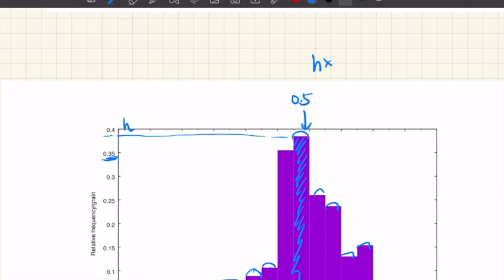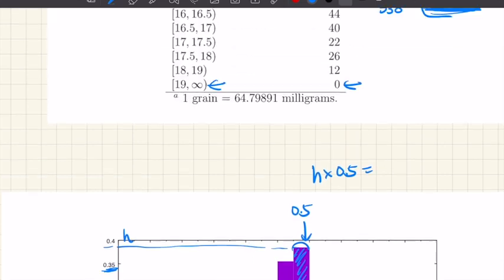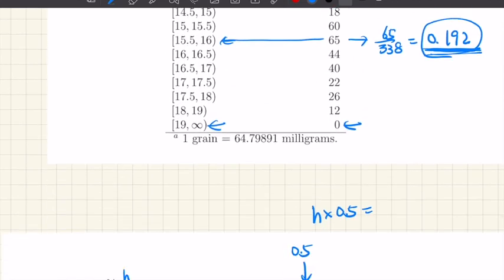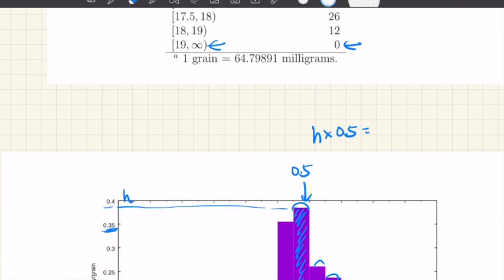So h times 0.5 should be equal to 0.192. So the height should be 0.38 something or so. So that is this number. See?